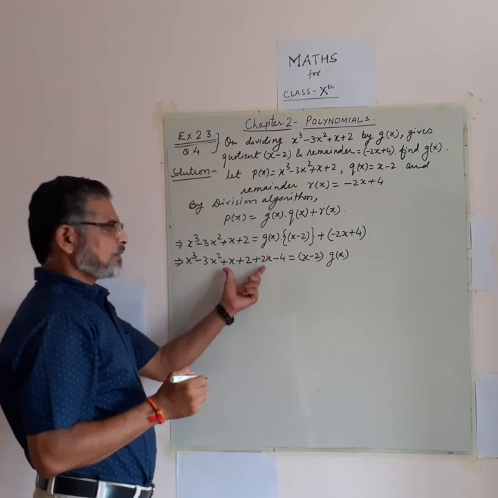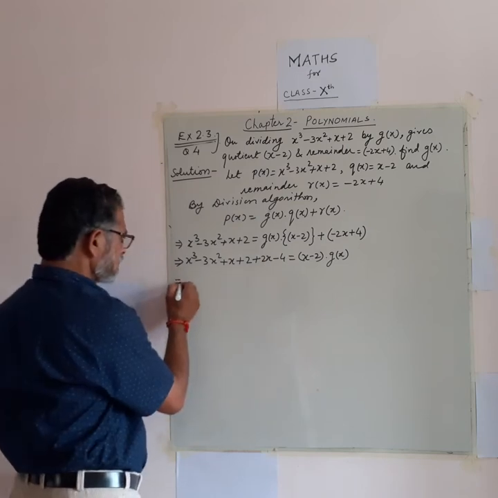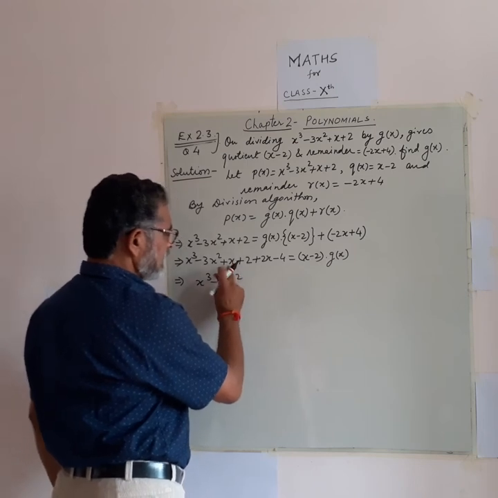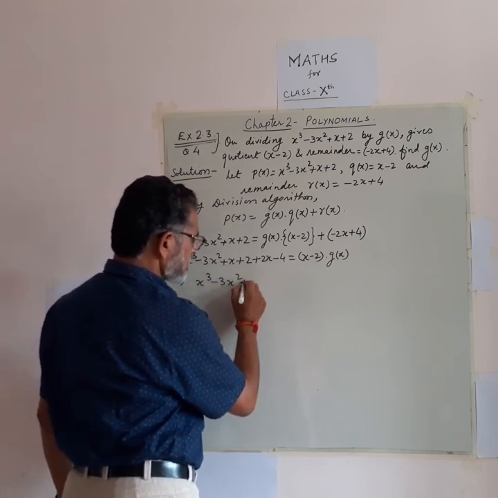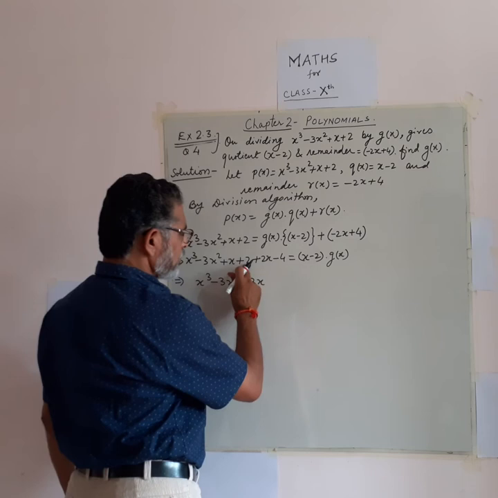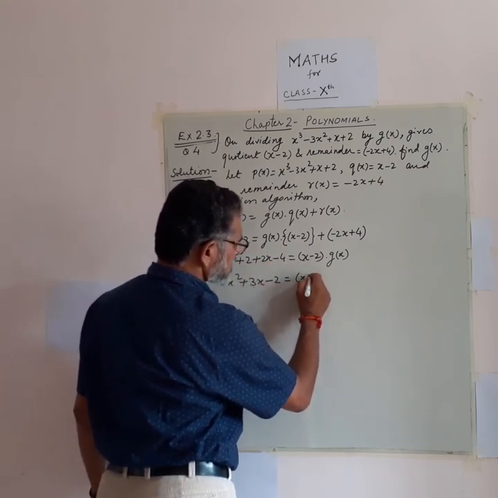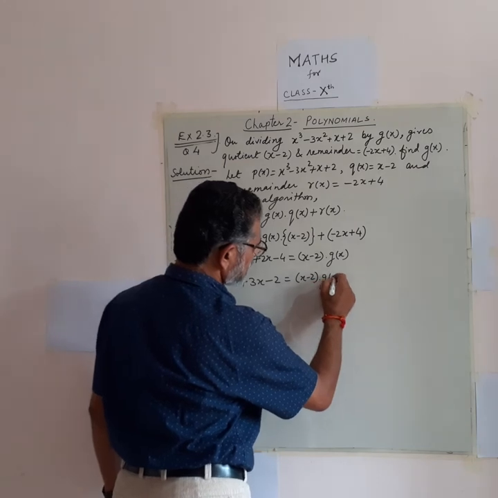So combining the like terms, we get x cube minus 3x square plus x plus 2x gives plus 3x, plus 2 minus 4 gives minus 2, equals to x minus 2 into G(x).